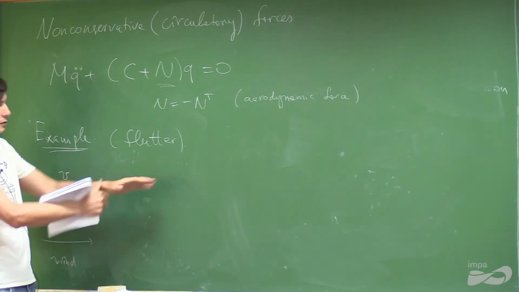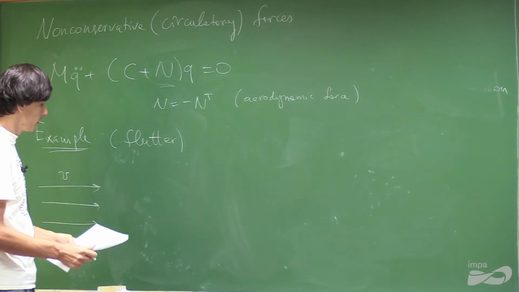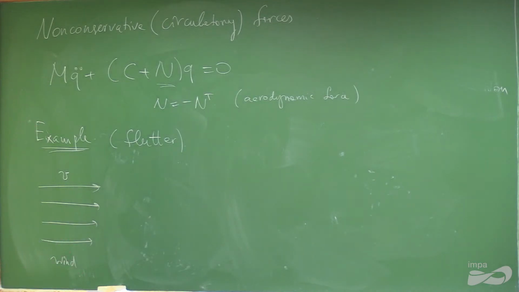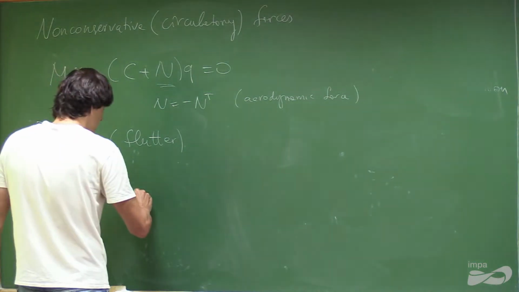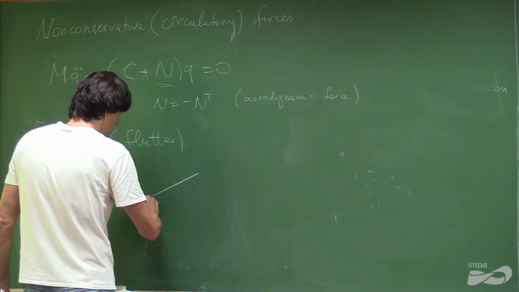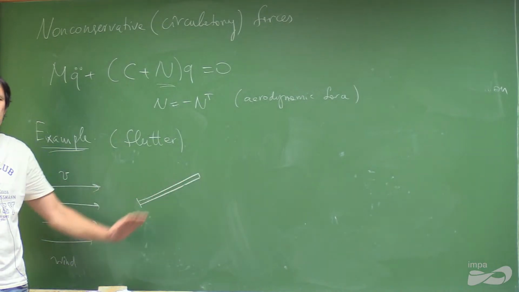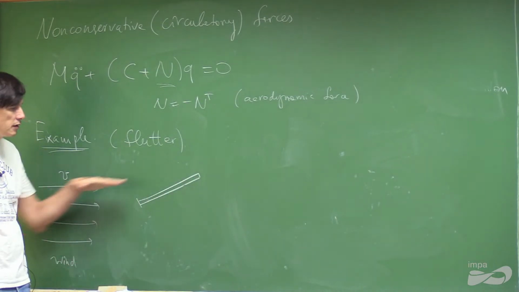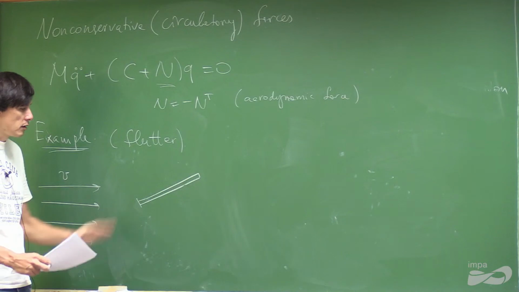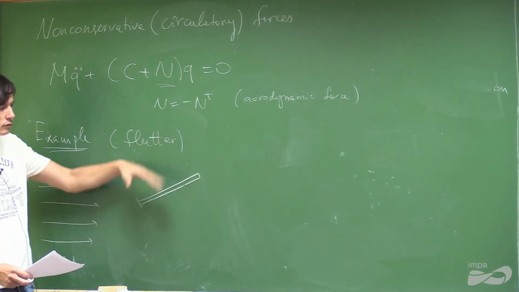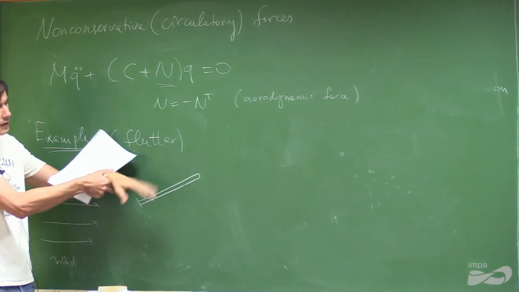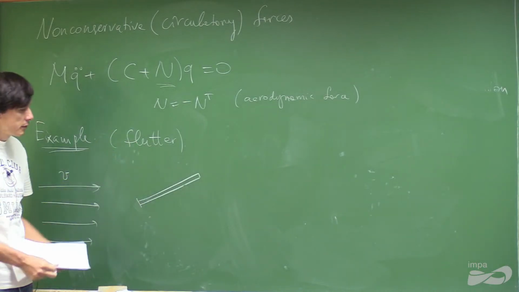Assume it's straight. So we will model the leaf by a rigid plate. Just a rigid plate, the leaf, the wind, and the leaf can go up and down, right? So it's supported, it can go up and down, and it can change the angle.